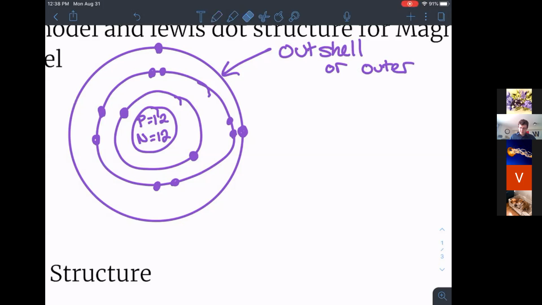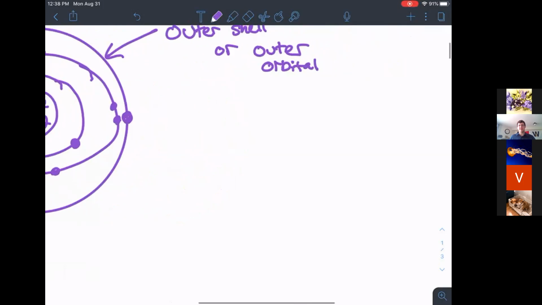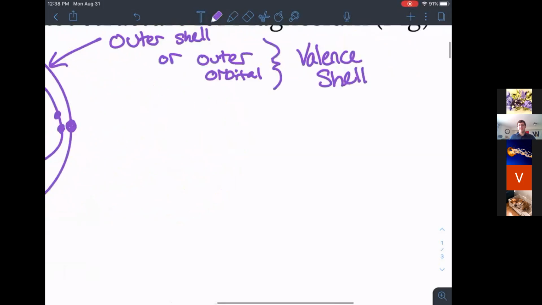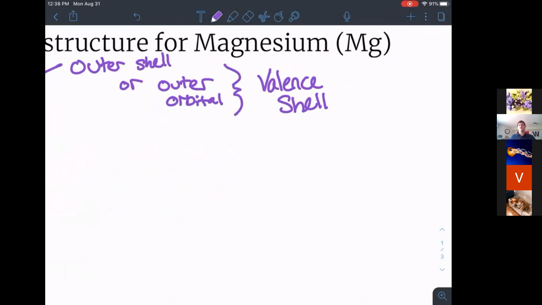So that specific name is going to be our valence shell. And the electrons that go on it are going to be called our valence electrons.